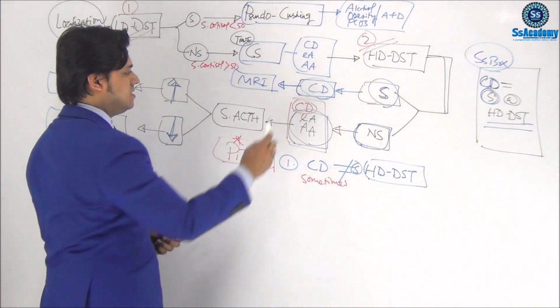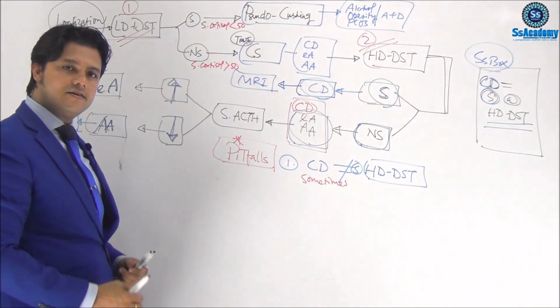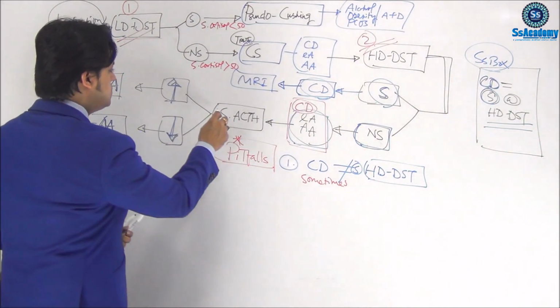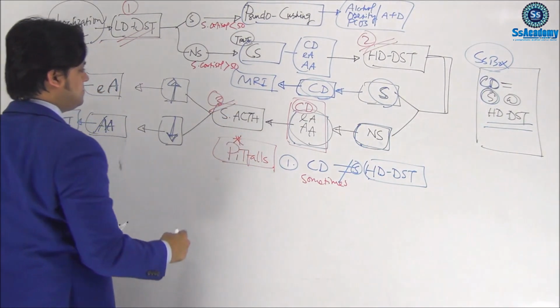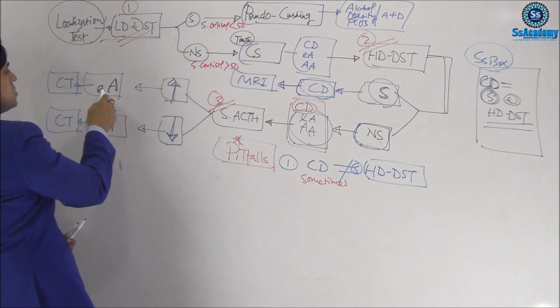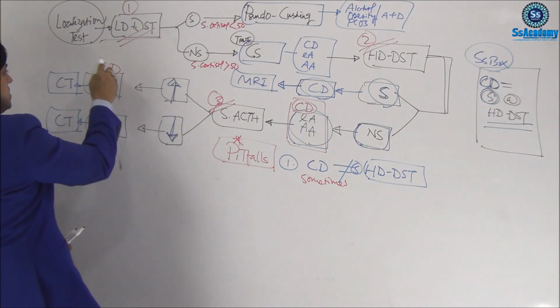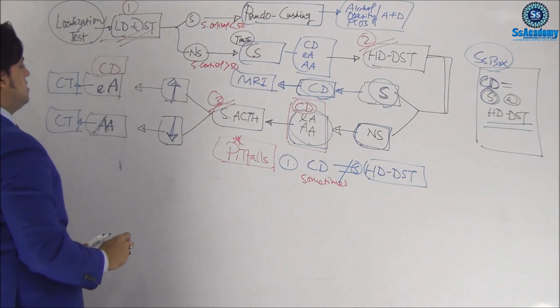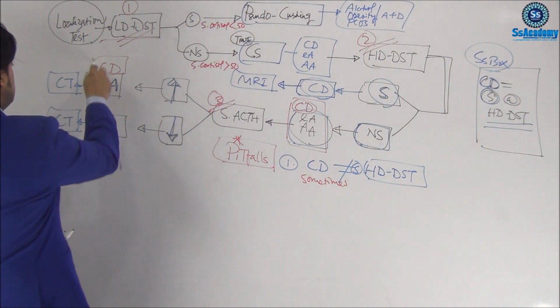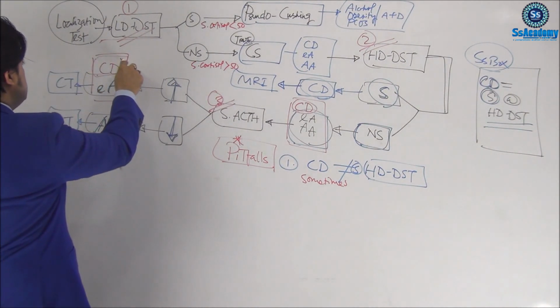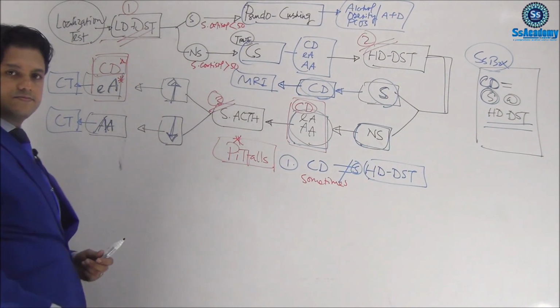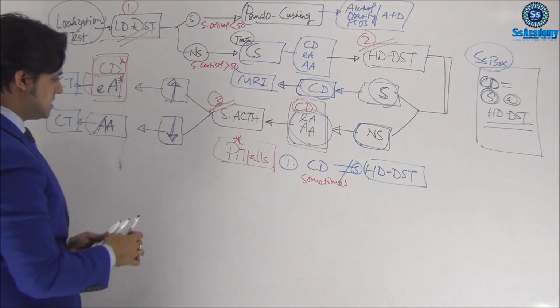So what happened? You see the CD, EA, and AA. If you do the third test, the ACTH level increased means ectopic ACTH, and top of the list, of course, will be the CD. So now the question here: how to differentiate between the CD and ectopic ACTH, EA.